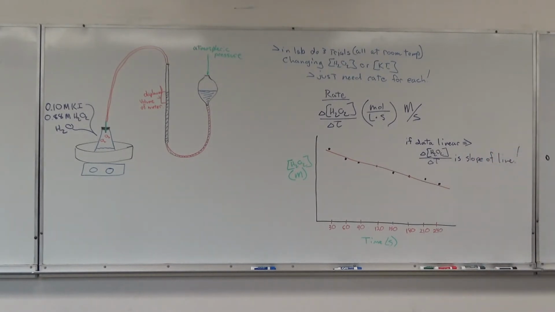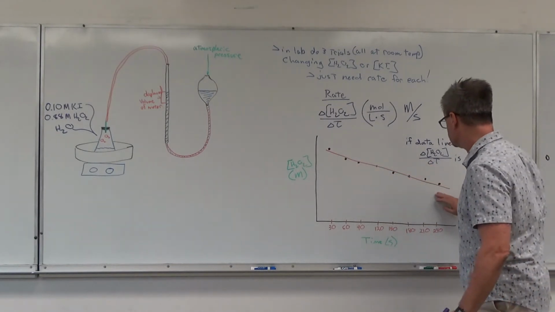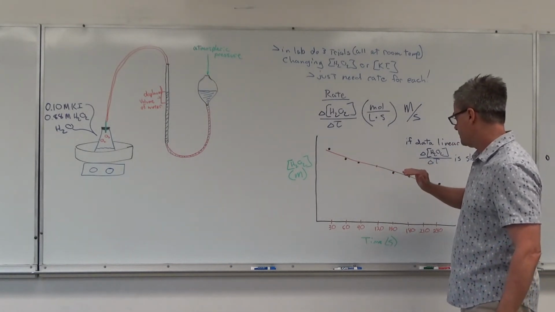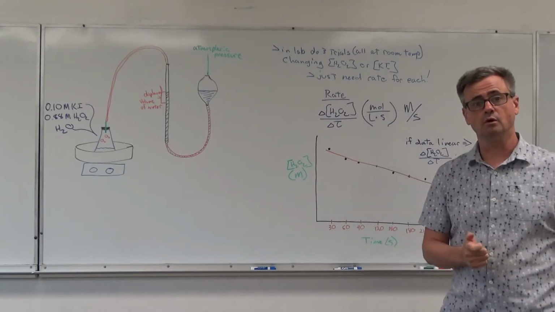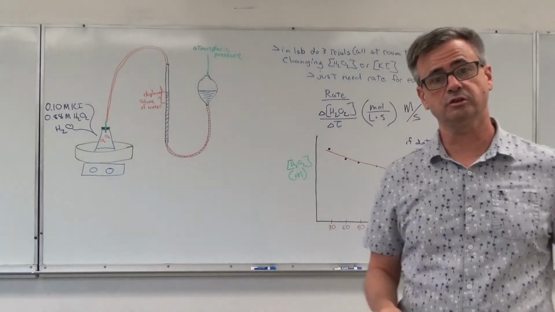So you can do a best fit line as long as it's linear, and then you can add a trendline and add that equation, and then you can read your slope.